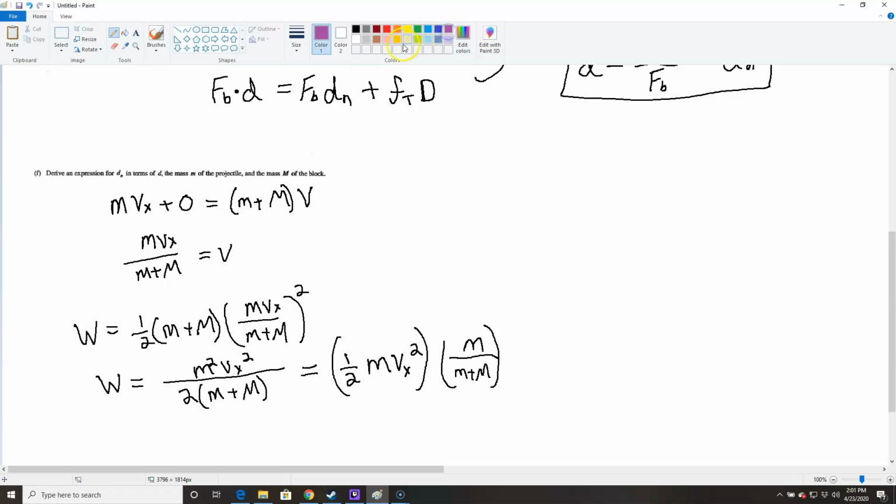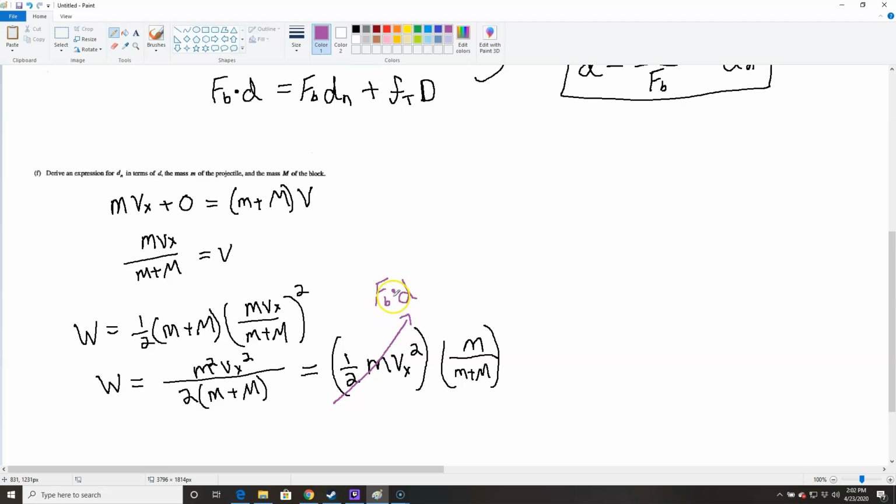Why factor it out? Well, it's because of the terms that they want everything expressed in. So 1/2 mvx squared, we know from before, is the force exerted by the block times d. This takes us back to part C or D, I can't recall at this point, but the 1/2 mvx squared of the bullet.